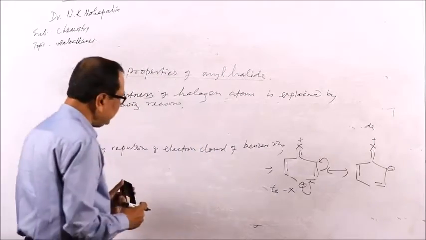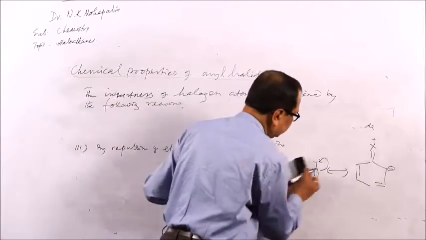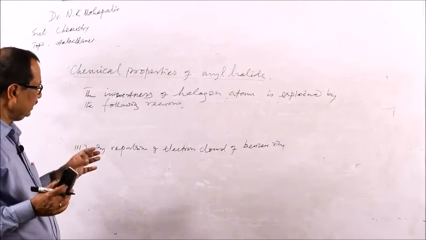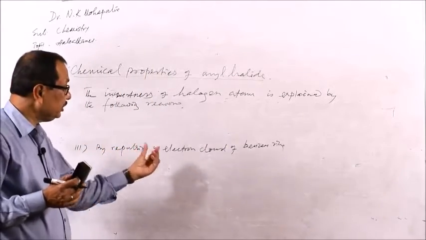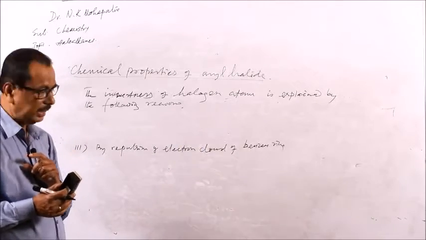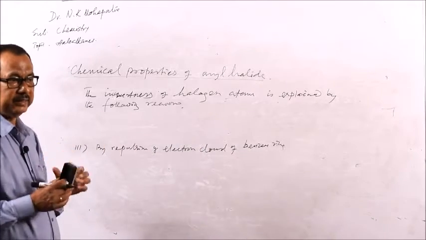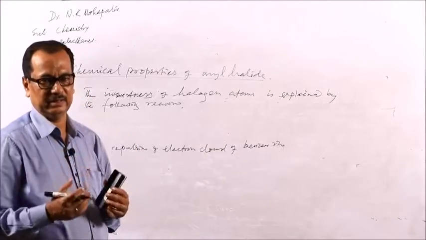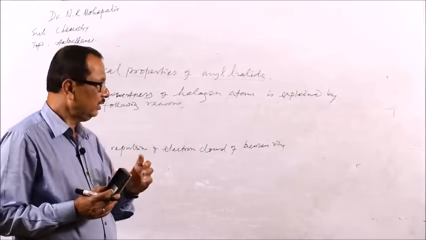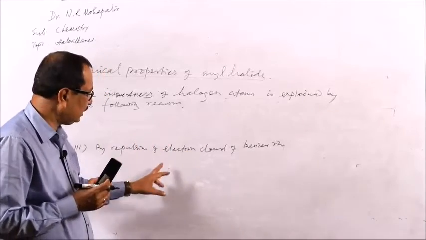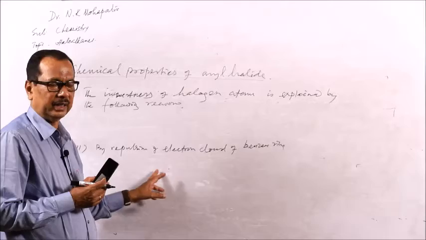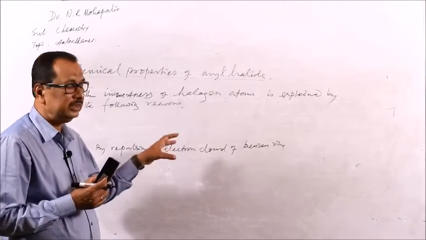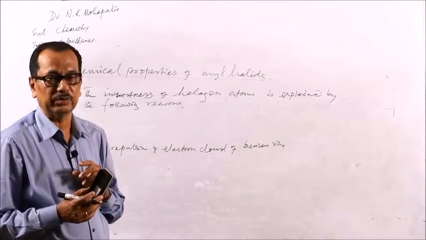We know that the benzene ring is rich in electrons, because benzene has 3 pi bonds, and all these pi bonds are delocalized over the benzene ring, so the ring is rich in electron cloud or electron density. Hence, when a nucleophile approaches the benzene ring, it repels the incoming nucleophile. It does not allow it to reach the carbon atom to which the halogen atom is attached. Therefore, the halogen atom on the benzene ring is not easily replaced by any nucleophile.